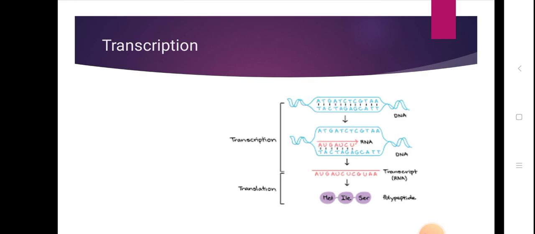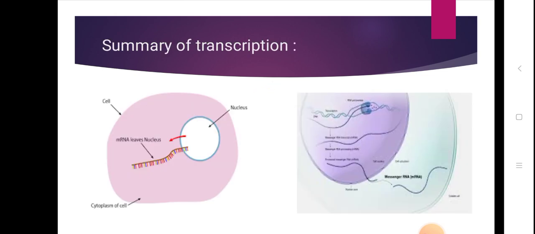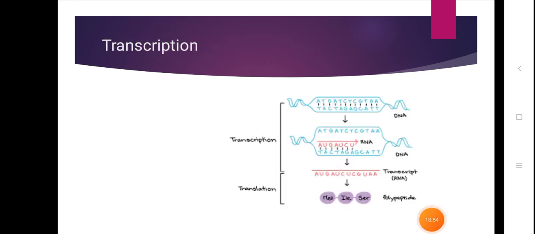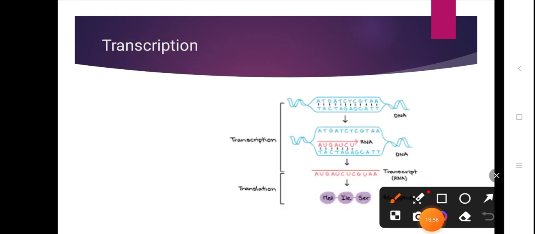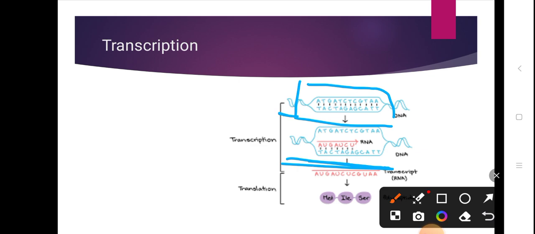As you see, the 2 strands of DNA, by the action of the RNA polymerase enzyme, become separated from each other, and one of the 2 strands is used as a template for the formation of RNA, and this RNA molecule carries what? Carries instructions for a specific gene or a specific protein, okay?